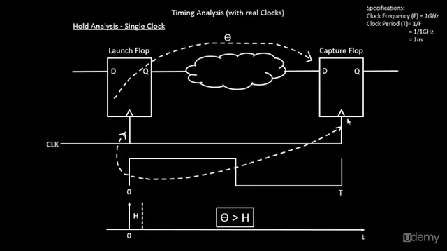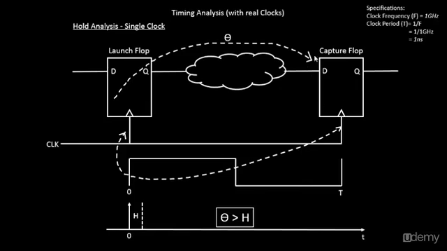It wants to accept data only when it finishes its process during the hold time. Hence the combinational delay, the delay of the data from this point to this point, should be greater than the hold time, greater than the processing time of the capture flop. So this is what hold time is.